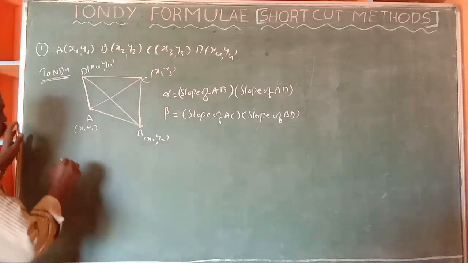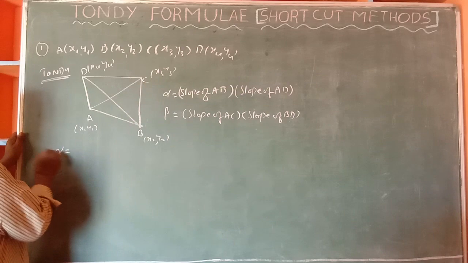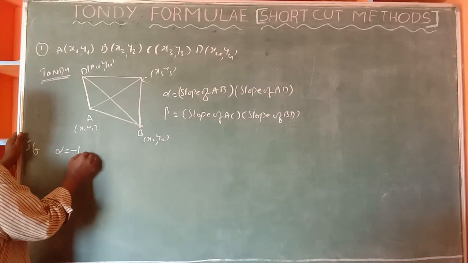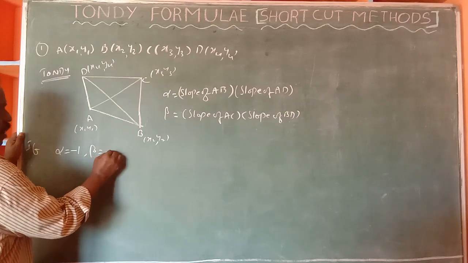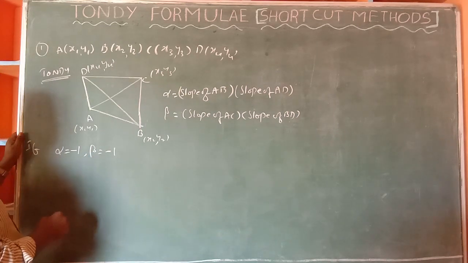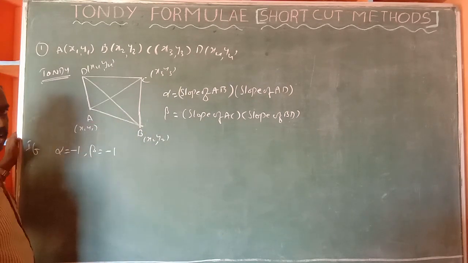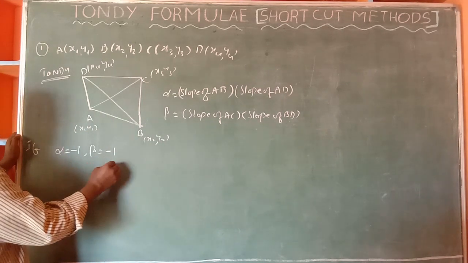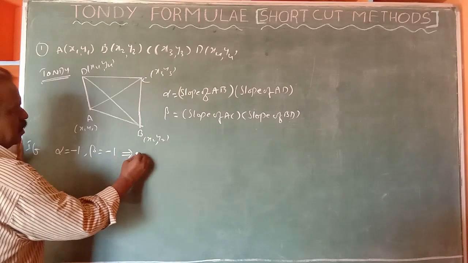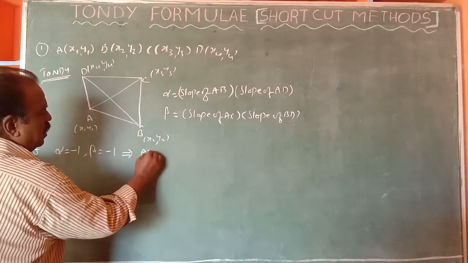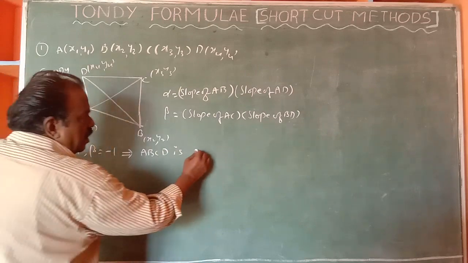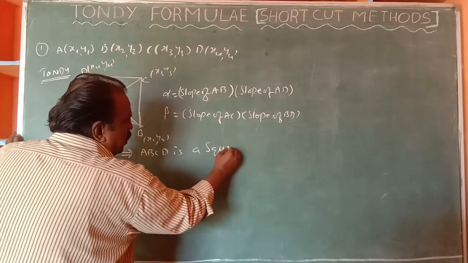Now you see, if alpha is equal to -1 and beta is also -1, after solving alpha and beta, that implies the quadrilateral ABCD is a square.